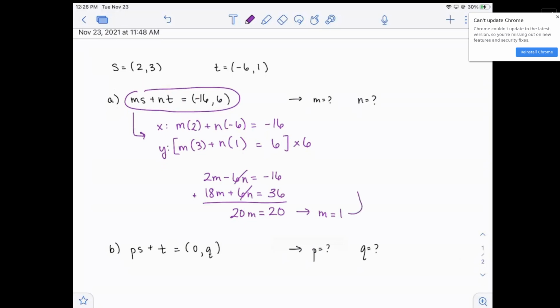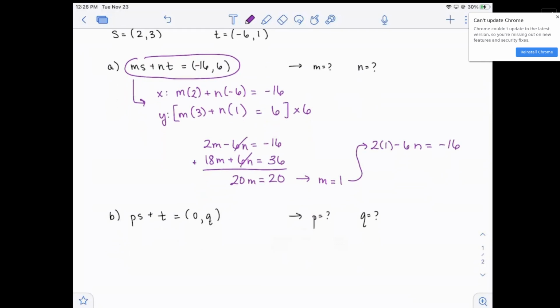Then when we continue, we want to get n as well. So we would need to plug m into either equation. I'm going to plug it into the first equation. So 2 times m, which is 1, minus 6 times n, which I don't know, equals -16.